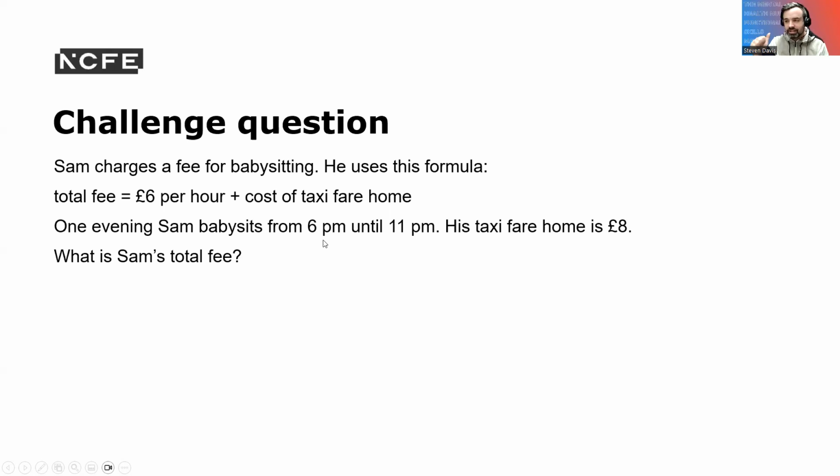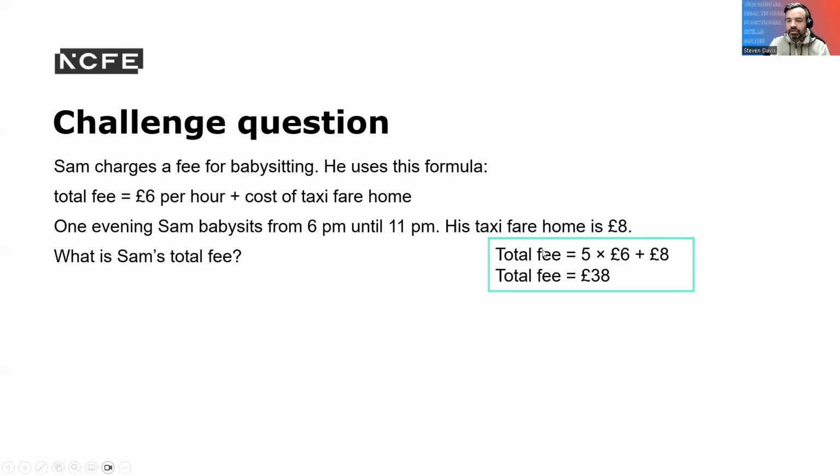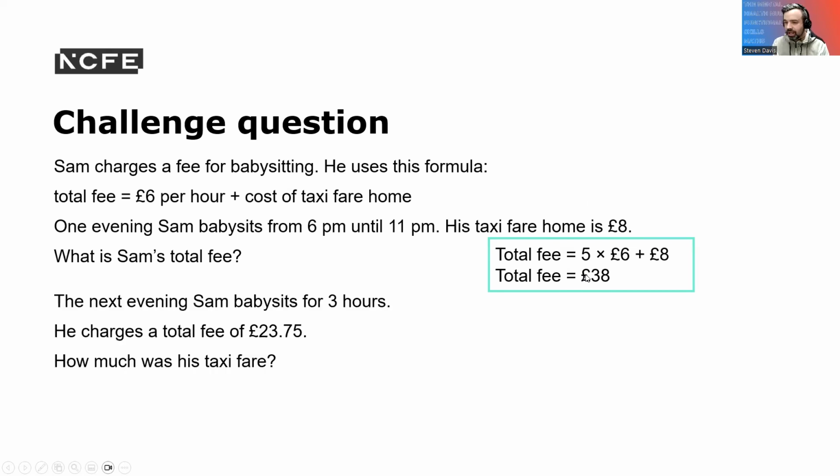So 6, 7, 8, 9, 10, 11. So there were 5 hours. So 5 hours times 6 plus 8 would give us the total. There we go. So total fee, 5 times 6 plus 8, gives us a fee of £38.